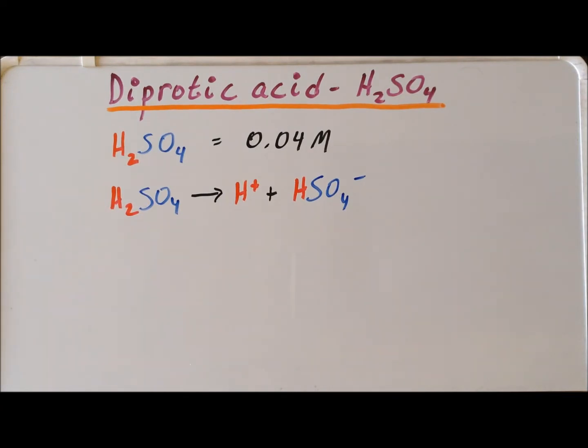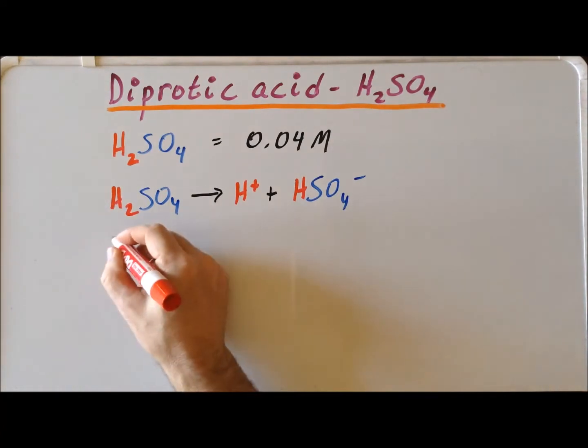In this particular step, we write it with a single arrow because sulfuric acid is a strong acid, at least for the first proton, so it dissociates completely to give up one proton plus the conjugate base, which is bisulfate.